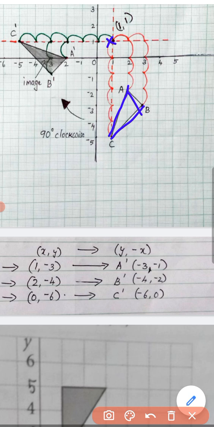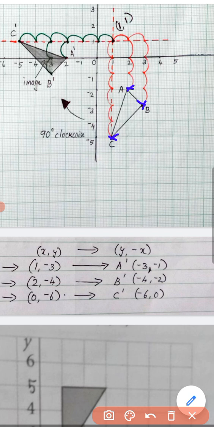The point A is (2, -2). Plot the point and label it as A. B is (3, -3). And C is (1, -5).